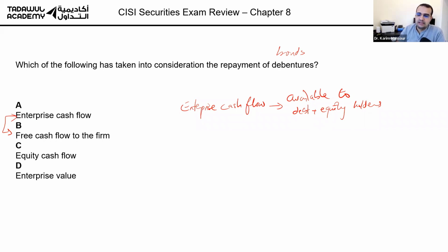Now, if you remove, minus, payment to debt holders, what you will get, the remaining, is the available cash to equity holders.